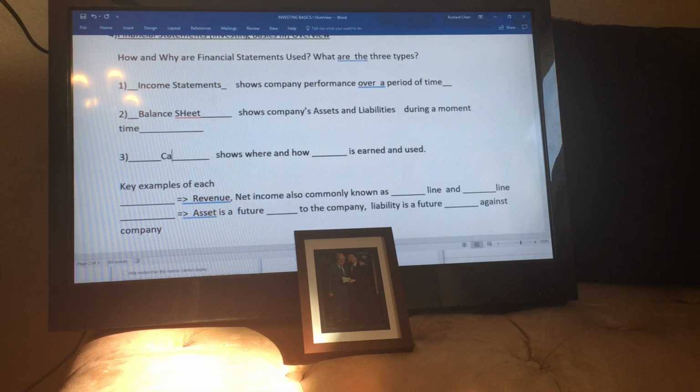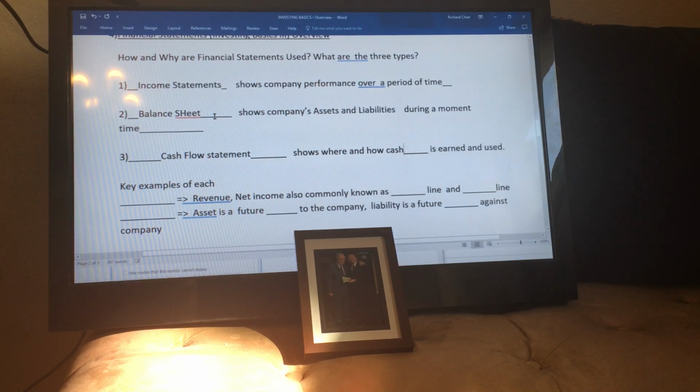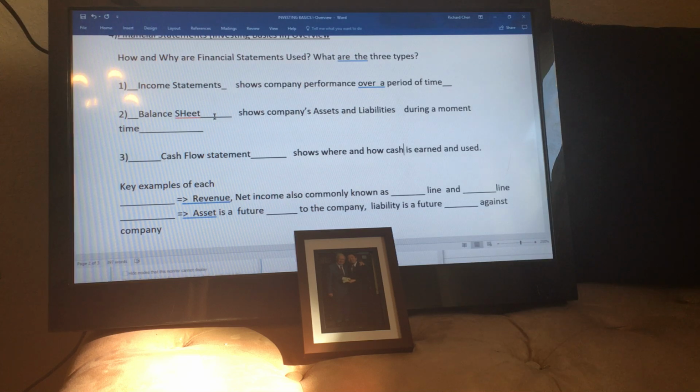Third is the statement of cash flows. The cash flow statement shows where and how cash is earned and used. The first two are probably used more often. A lot of companies often don't use the third. Some investors use it because they want to know where their cash is.